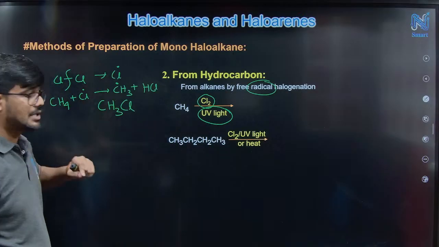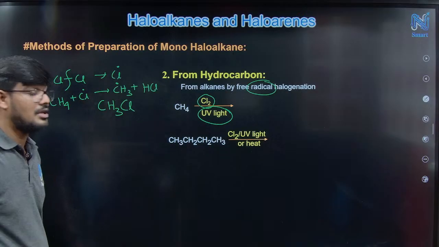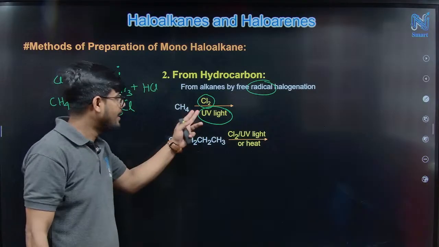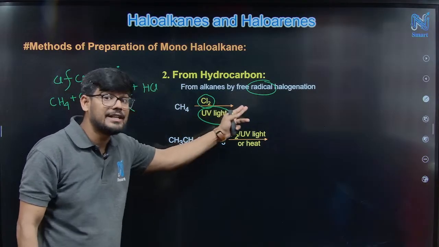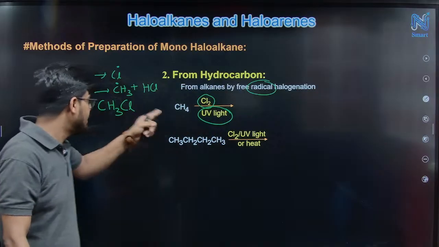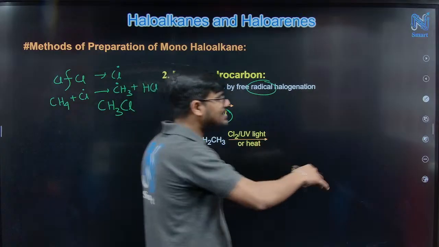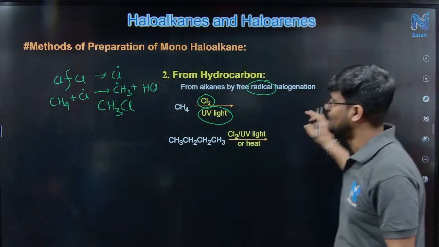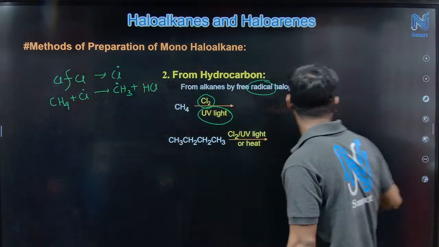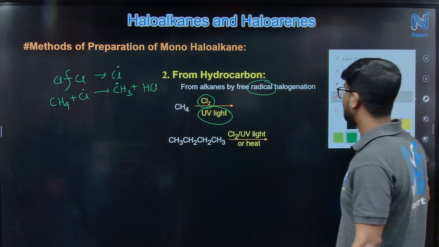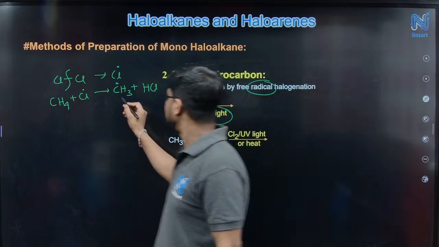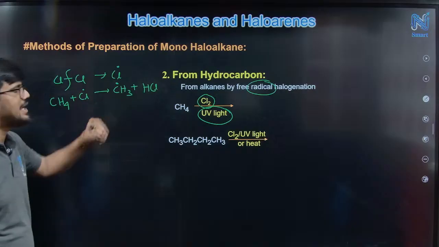Now see the steps. What we are discussing is that we are trying to predict the product. If you say, sir, only CH3Cl will be formed, let's see the mechanism, then we can confirm whether only CH3Cl will be formed or something else. Just check CH3 methyl radical and HCl.